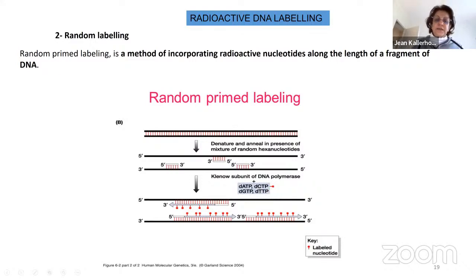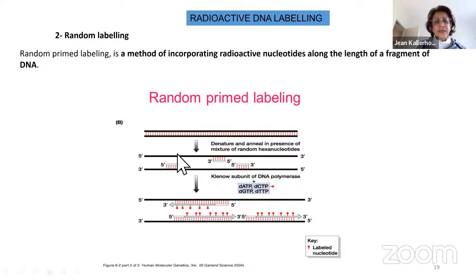So each time there will be a G, the DCTP will be incorporated. Therefore, you can see that this DNA will be elongated this way, right? And every time there is a G, the DCTP radioactively labeled will be incorporated.